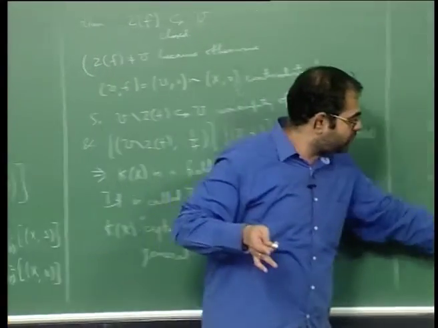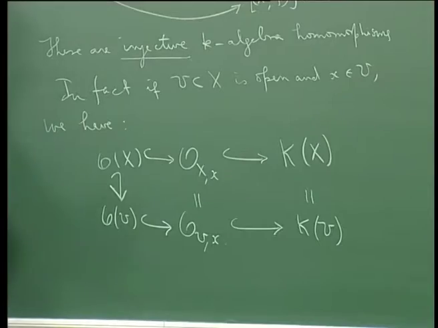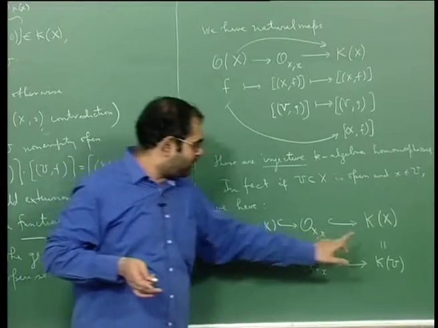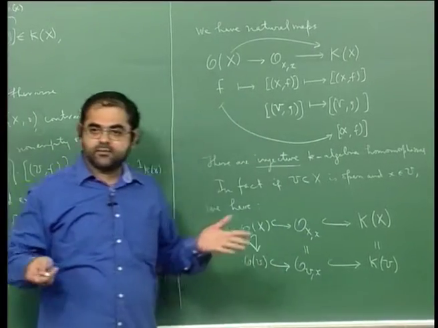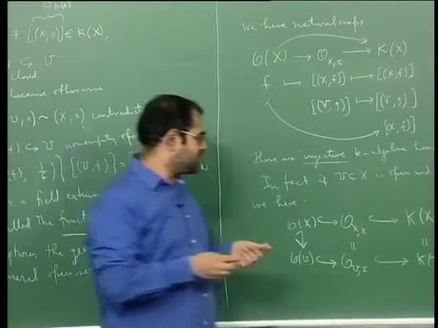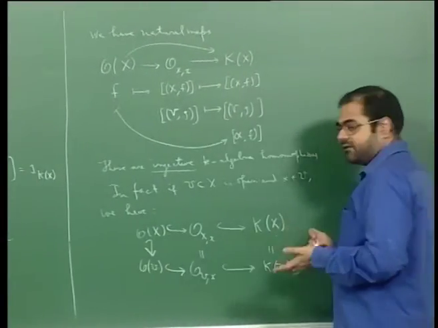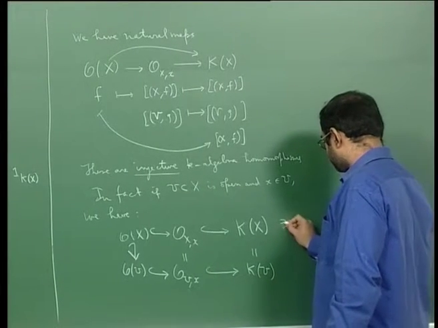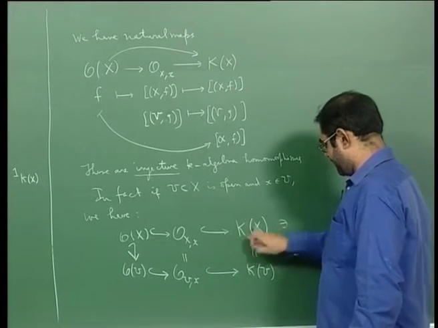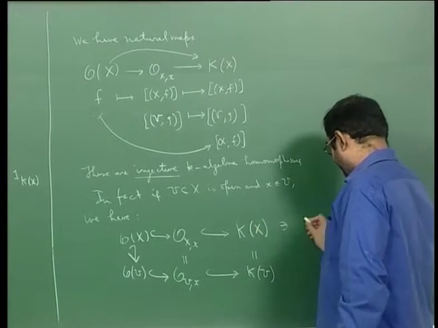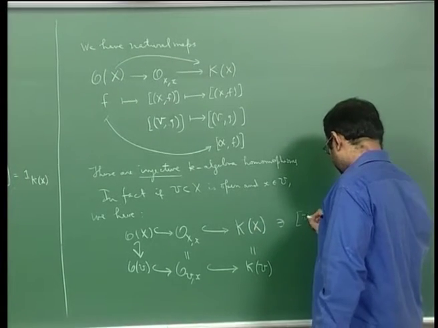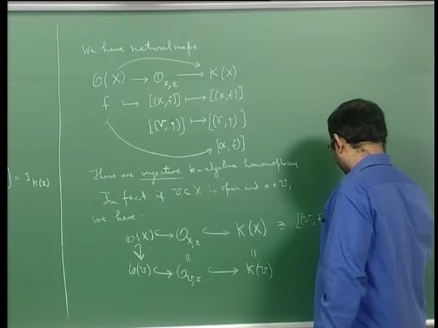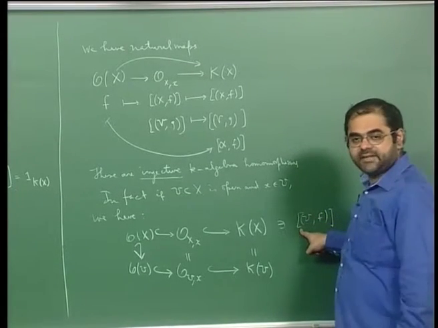So you see this is what happens if you go to an open subset, and why these two are equal is something that you can get in a very easy way. Any element of K_X is of the form (U, f), where f is a regular function on U, and you take the equivalence class.